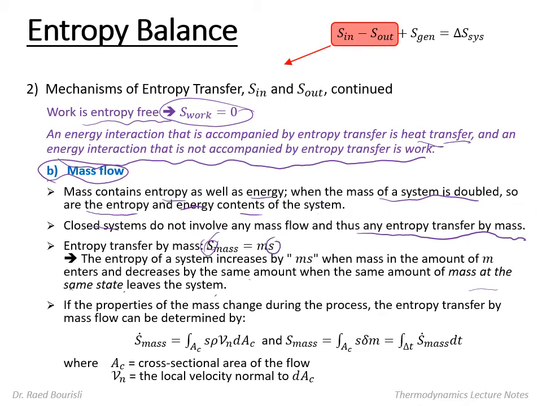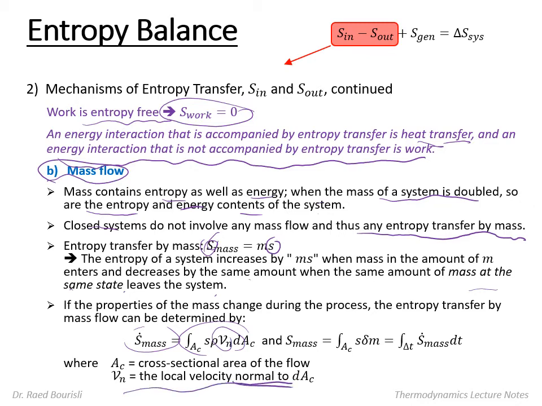Remember, during unsteady processes, we were faced with problems, and we reduced them to three special cases I talked about in class. If the properties of the mass change during the process, the entropy transfer by mass flow can be determined by such an equation. So S dot mass is equal to the integral of s rho times the local velocity normal to the area.